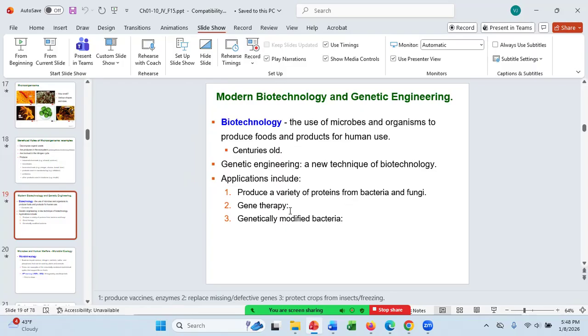But usually what they do is they put the correct human gene into a vector and put that vector into the child's immune system cells, like their T cells and their B cells, grow them up, and then give the child those cells. And then a child which was born with a defective gene, let's say a child unable to make antibodies, the child is now able to make antibodies for at least a few months.